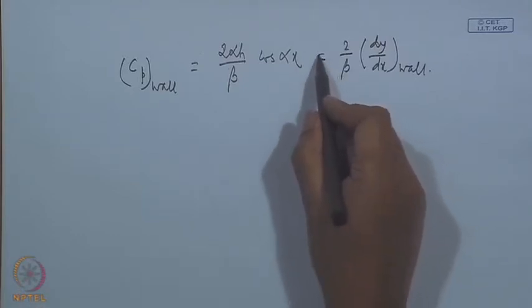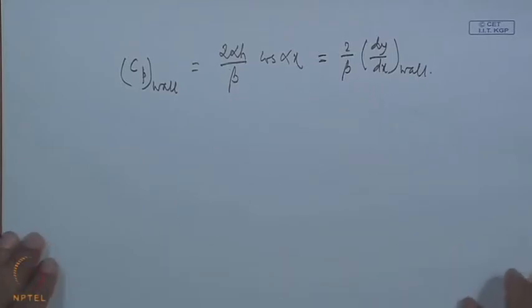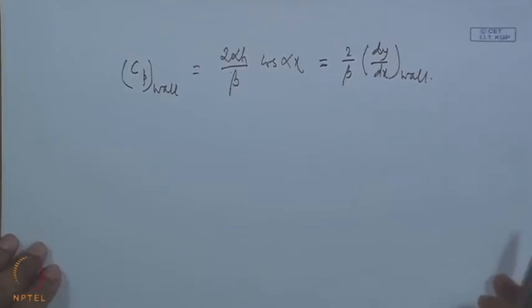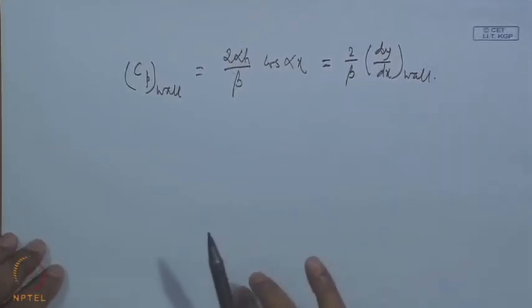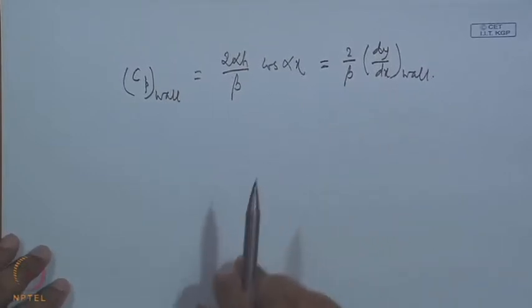And if you remember, this is the same pressure coefficient that we obtained in case of weak wave theory or linearized shock expansion theory. So, we get the same result here also.